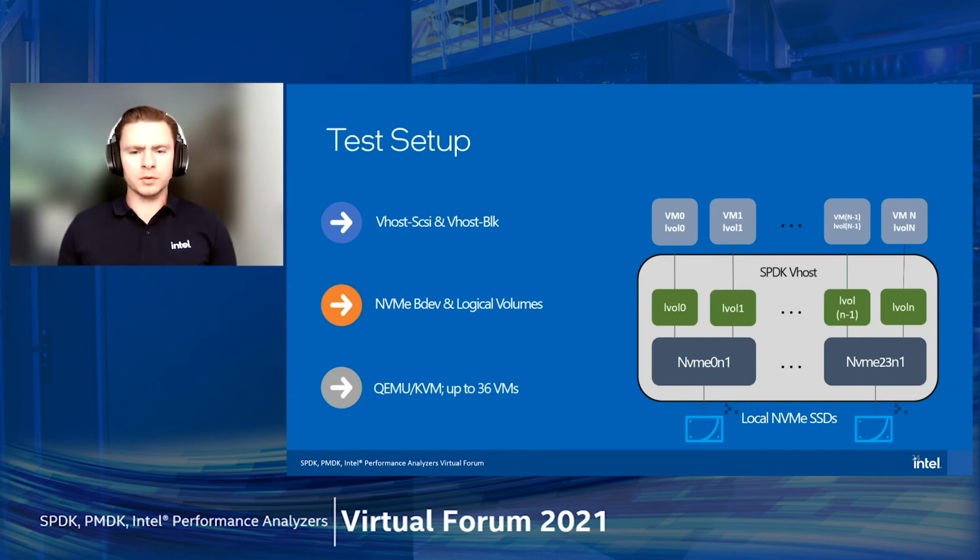And in the previous sections, we've talked about NVMe block devices in the SPDK. So what vhost does here is it attaches local NVMe SSDs to the vhost process, creates NVMe block devices on top of them.